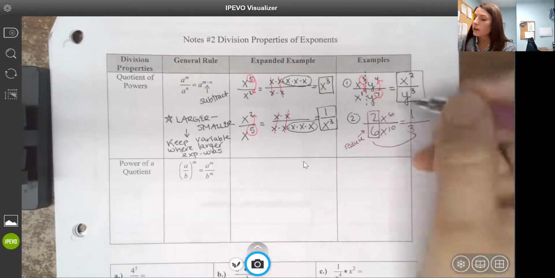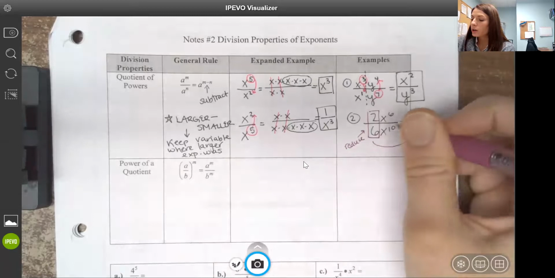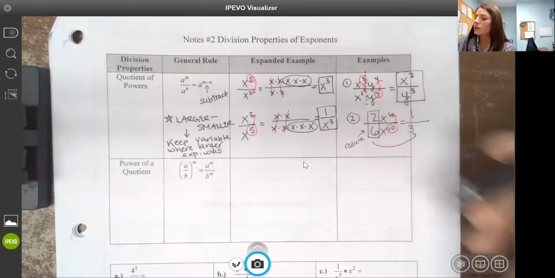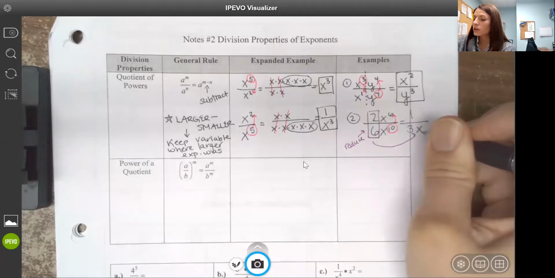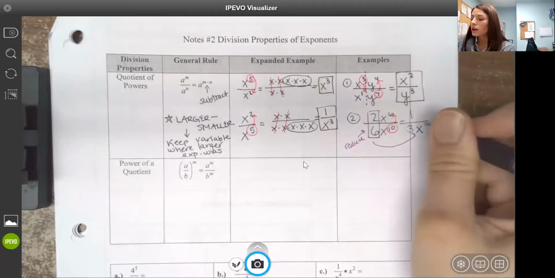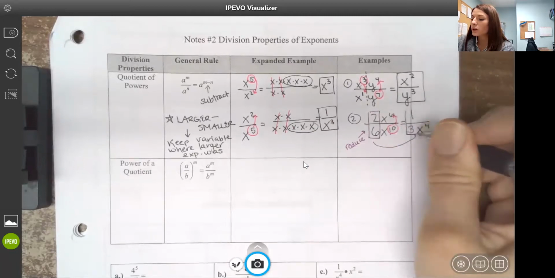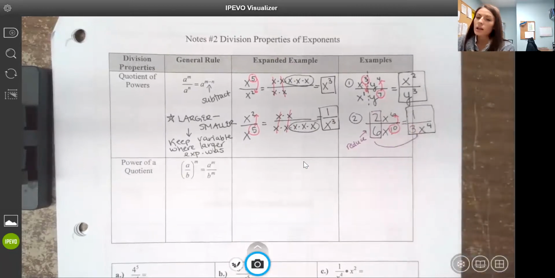And then for my exponents, we'll apply our property. I have more x's in the denominator than in the numerator, so I know x is going to land in the denominator. When I subtract 10 subtract 6, I have 4 remaining factors of x in the denominator.